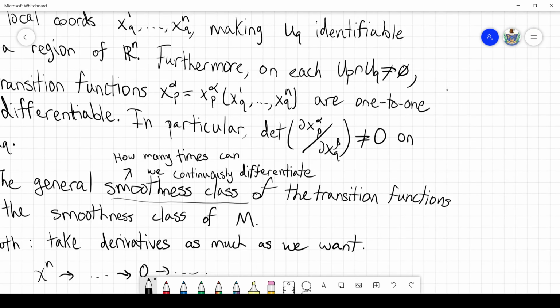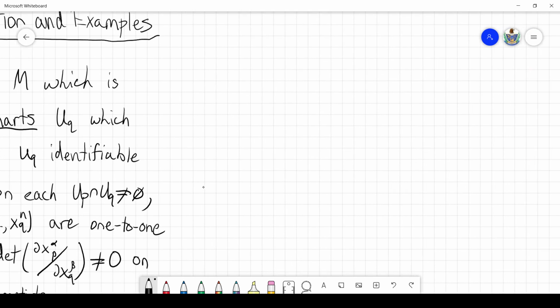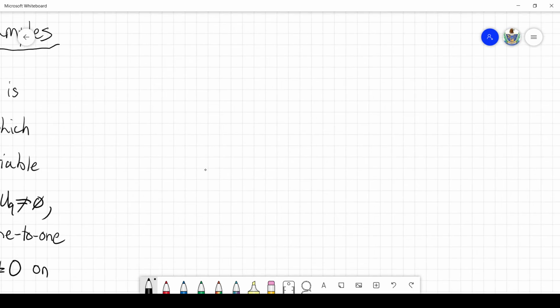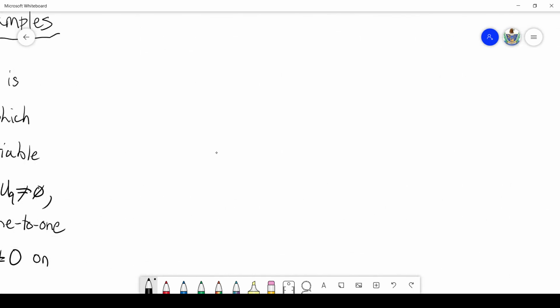So that's the suitable definitions. Now let's get into some examples that you may have seen before. So a really easy example would be regions of complex space. So these are the complex numbers.